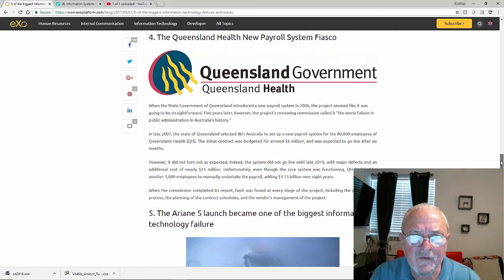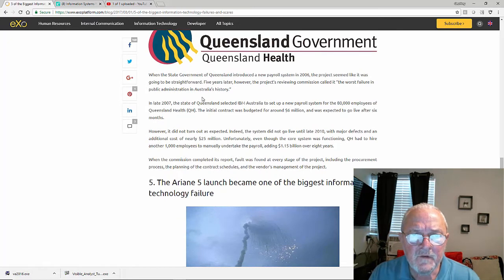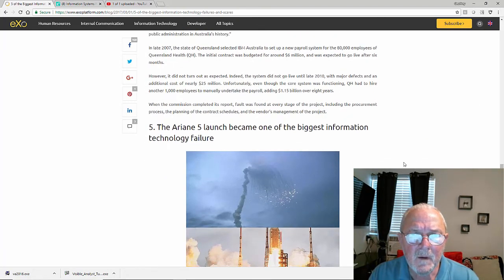Queensland Health new payroll system fiasco. Now this sounds like it could be a large-scale one. The state government of Queensland introduced a new payroll system in 2006. Seemed like it was going to be straightforward. 5 years later, however, the project's reviewing commission called it the worst failure in public administration in Australia's history. They had selected IBM Australia to set up a new payroll system for 80,000 employees of Queensland Health. The initial contract was budgeted for $6 million, expected to go on for 6 months, which actually is kind of a short time.